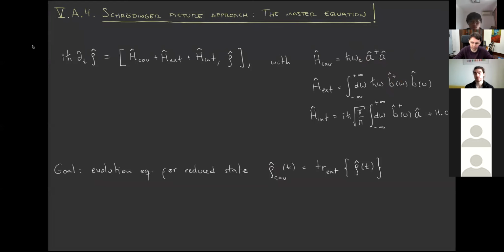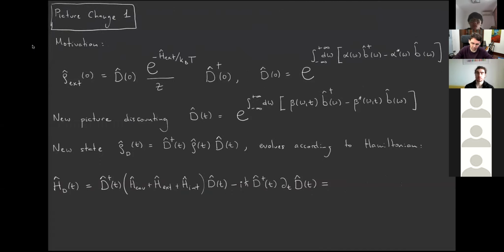You know that it just changes B to B plus alpha. And at the same time, you can evaluate the time derivative of this operator. You can check it in the notes, but it's very easy to do.